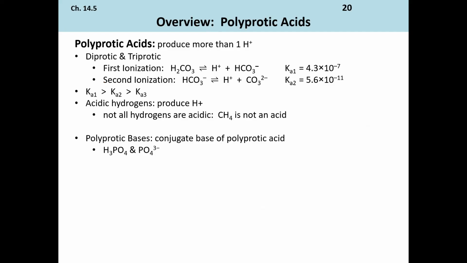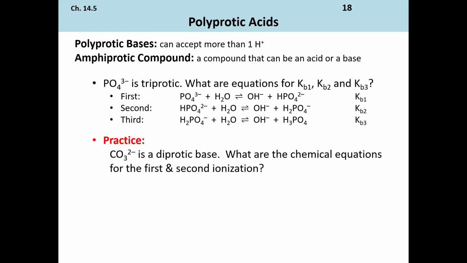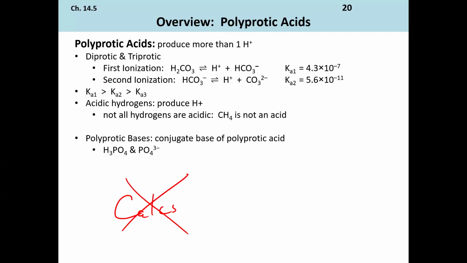Now, in the chapter, and some semesters, we actually go through the calculations, but we're not going to do that this semester. But I guarantee a problem like this, where I'm asking what is the equation or the reaction, is likely going to be on the test. Questions on polyprotic acids or bases?